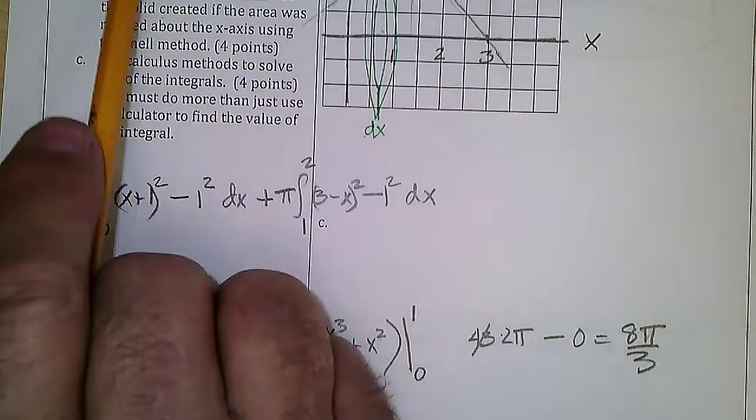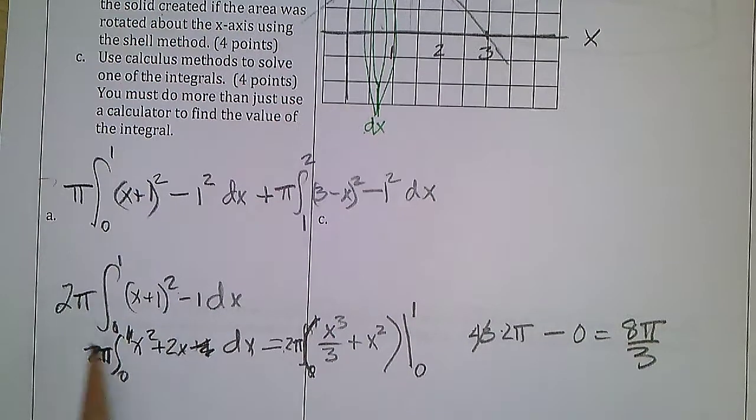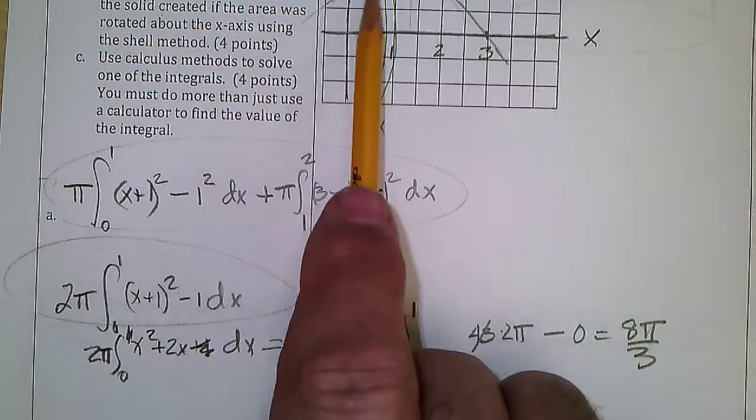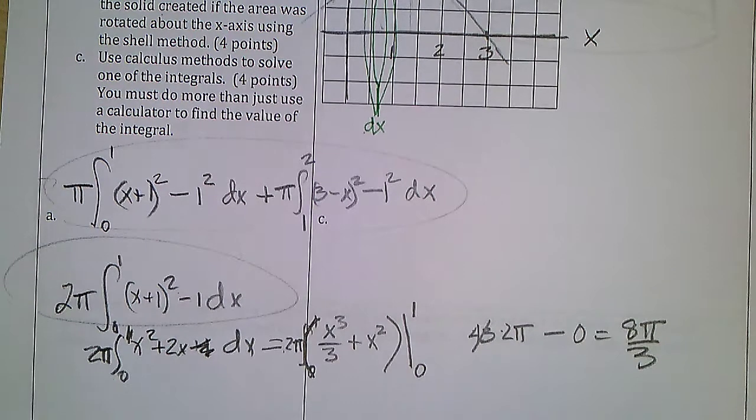But all it said here was to set up the integral, so I would have been fine with this or with this for the disk method.